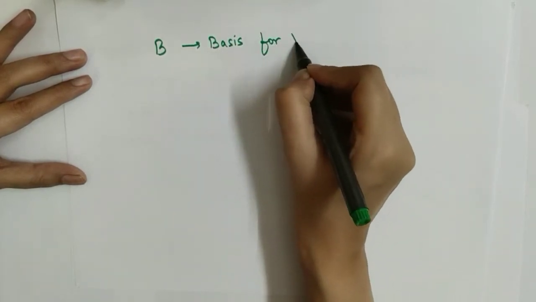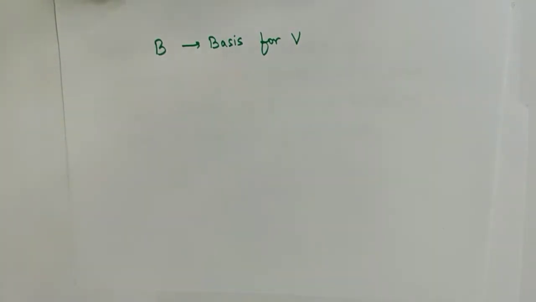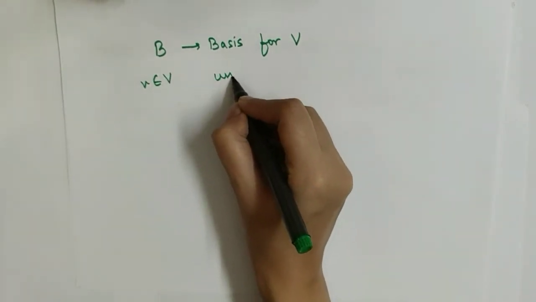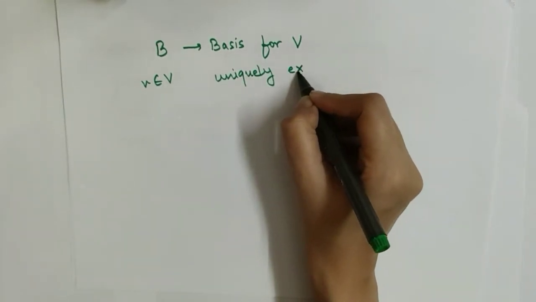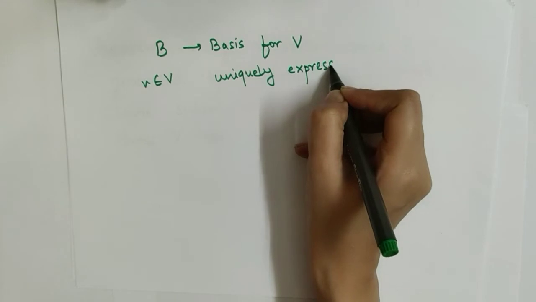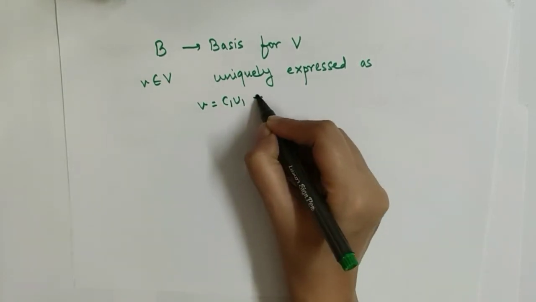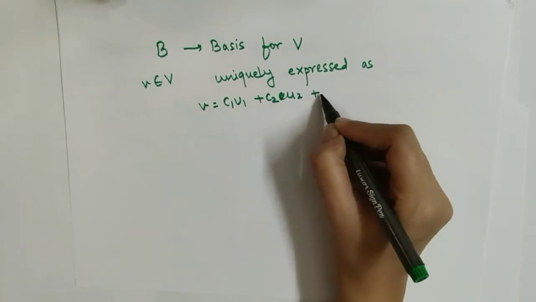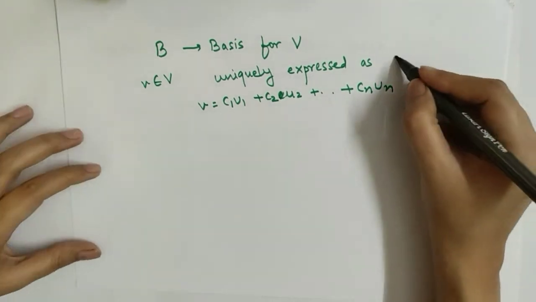Now we need to show that each v belonging to V can be uniquely expressed as c1u1 plus c2u2 plus up to cnun.